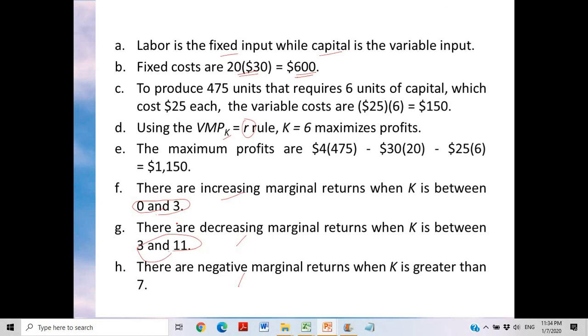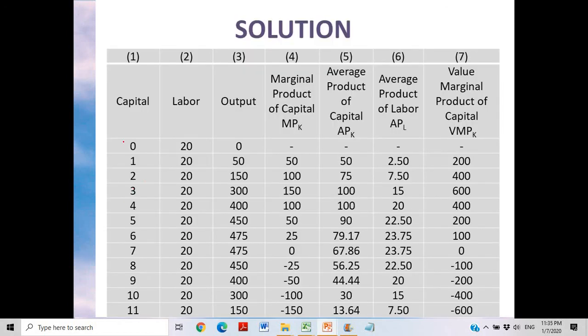If you look, it overlaps, because if you compare to the answer just now, 0 to 3, when we say increasing marginal return, you have to look at this table, marginal product of capital, column 4. 0 to 3 is the increasing part, 50, 100, 150, and 100 to basically 0 is the decreasing phase, and this one is the negative phase.